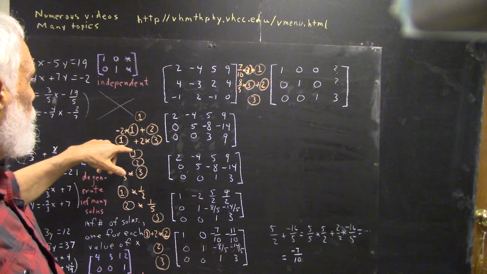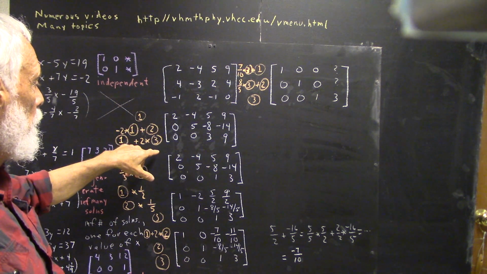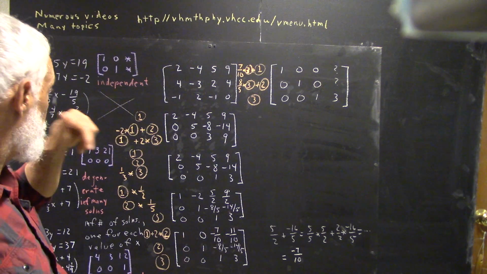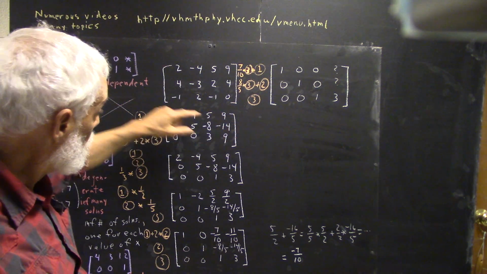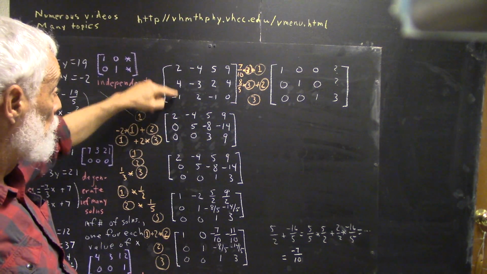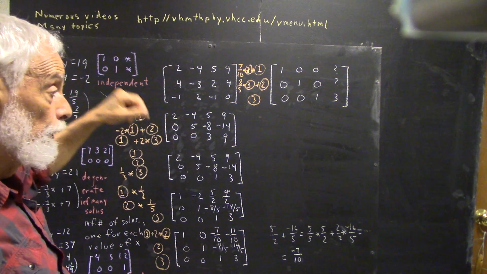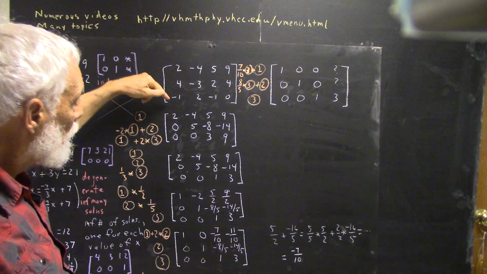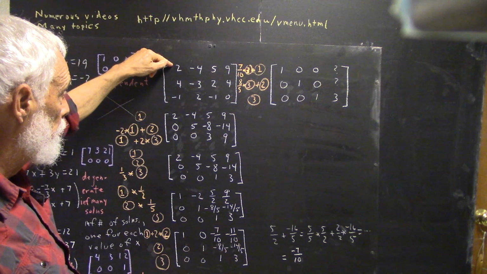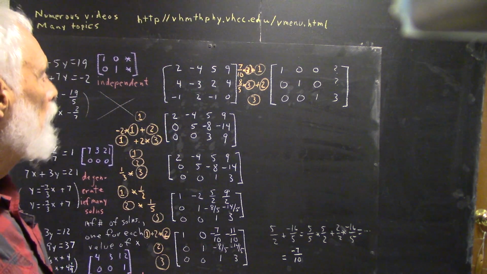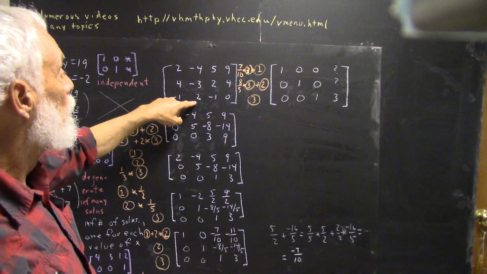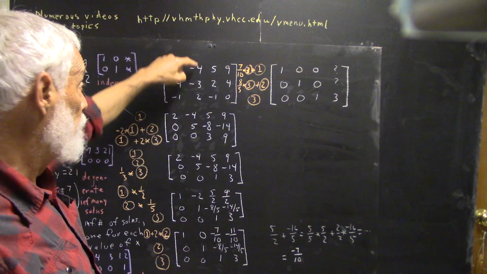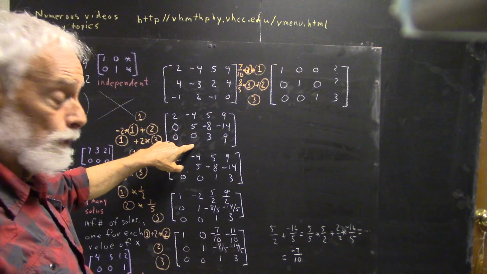Then we add the first row to double the third row, because if we double the third row, we're going to get a -2 here, which added to the 2 is going to give us the 0 that we want. So -2 times -1 is -2. Added to 2 is 0. -2 times 2 is -4, and if we add that to -4, we get a bonus here.